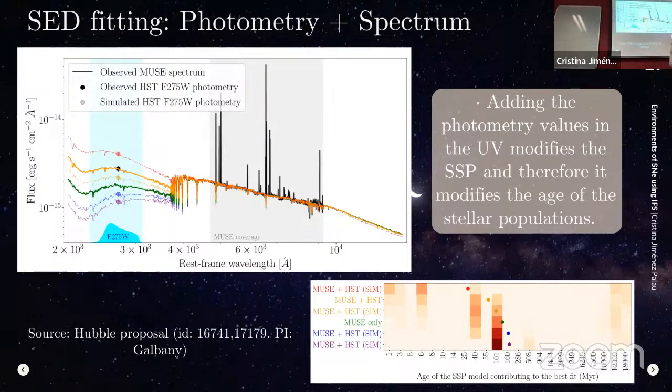But the interesting thing is that the output of the code gives different ages depending on what photometry you add. If you put in only the photometry, you get different values than if you add it to the spectra. That's why it's so important, because as I said before, you would get different distributions of ages and metallicities, and that would be a huge problem, because you would probably think your fit is good, but your results wouldn't be reliable.